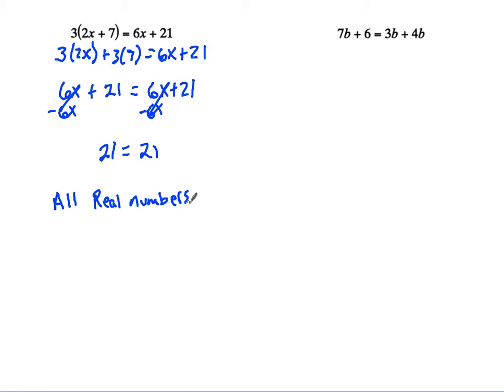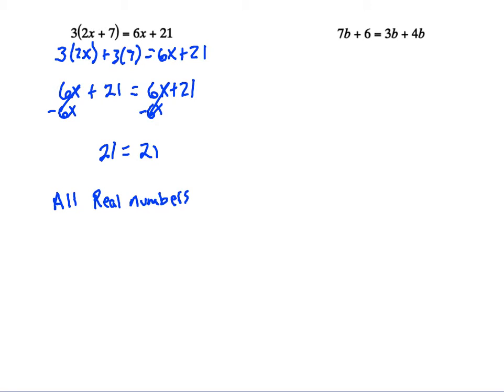That's just a fancy math way of saying any number that exists, any number that we can think of or imagine, that number would work to fit in for the variable, and it would be okay. The equation would always be true as long as we have a real number in there. And so that's one of our two special cases, all real numbers.